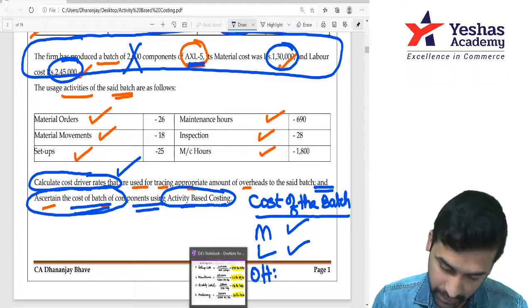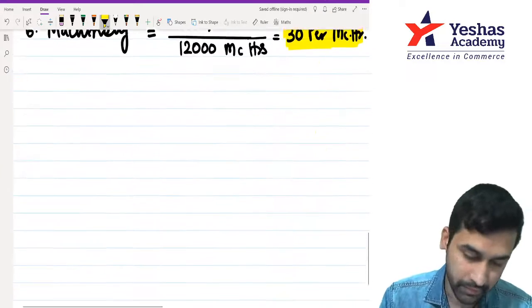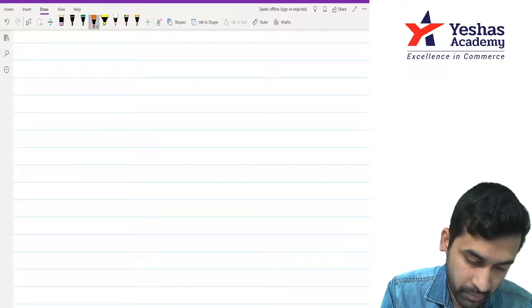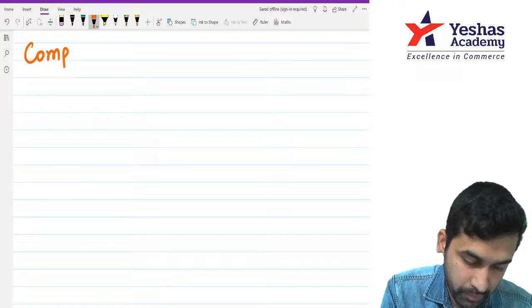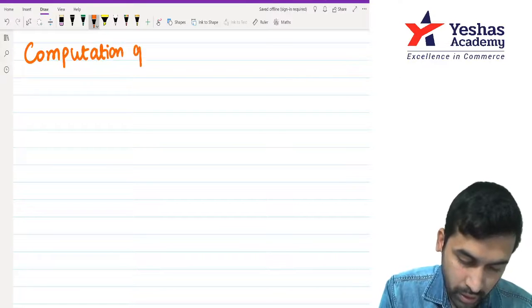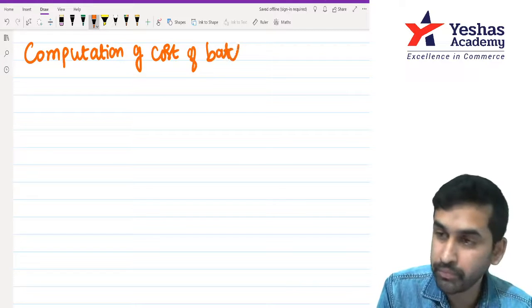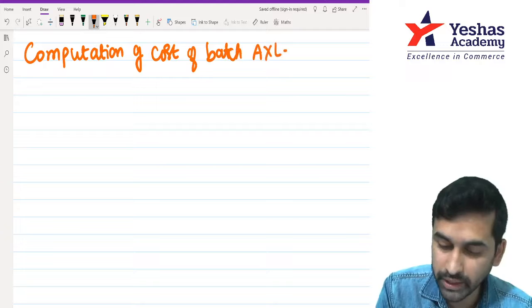Everybody start writing computation of cost of batch AXL5.